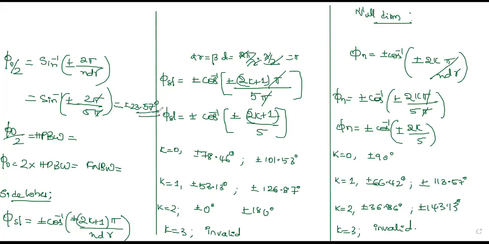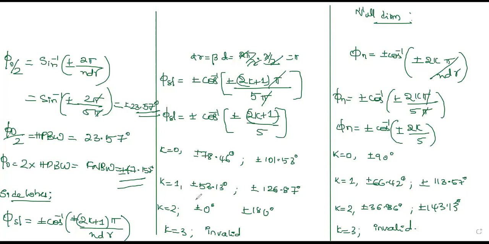So this half power beam width will be 23.57. Multiply it by 2, it is 47.157. Correct.